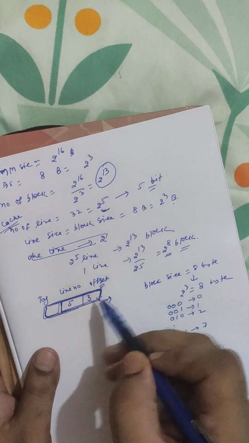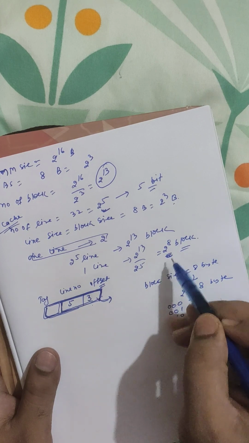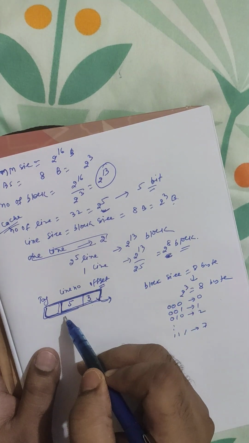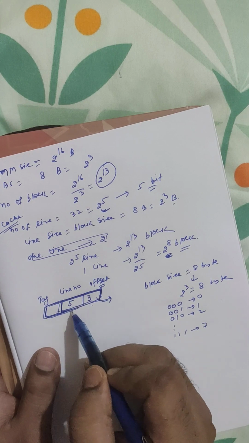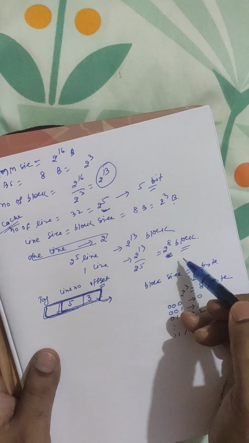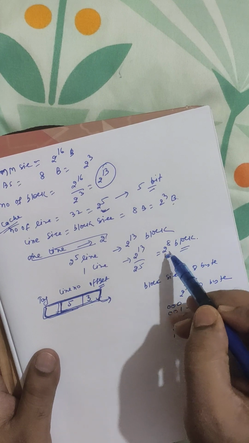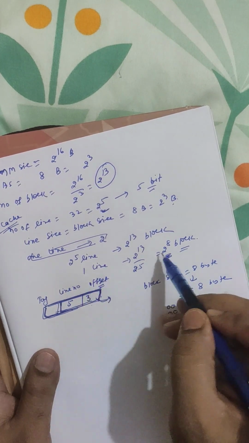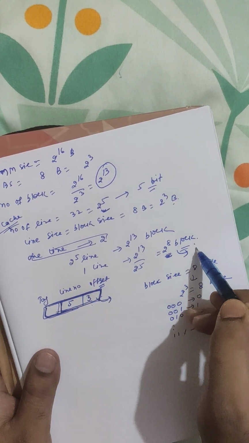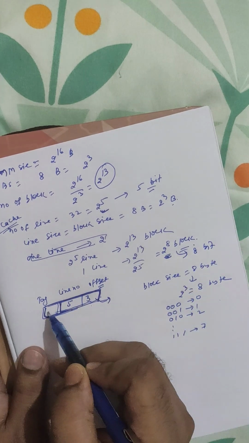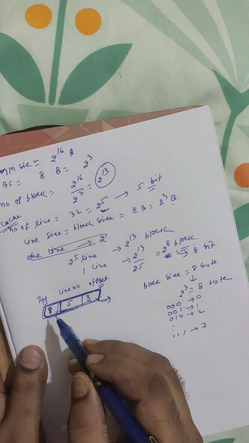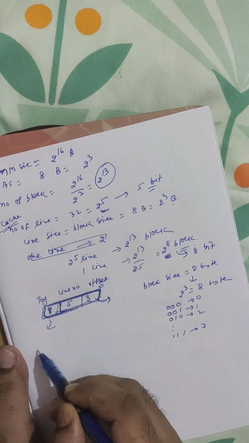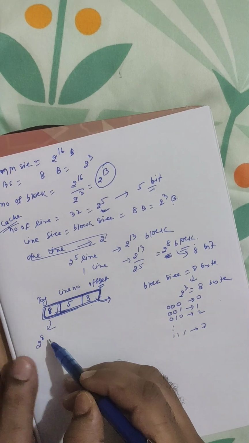At one time only one block can be stored in a cache line. So which block is stored? For this we use tag bits. One line represents 2^8 blocks, so we need 8 bits. So 8 is the number of bits in the tag, so that with 8 bits we can represent 2^8 blocks.